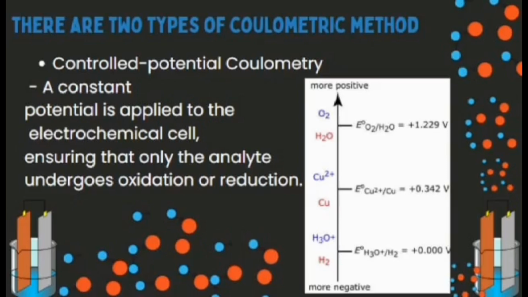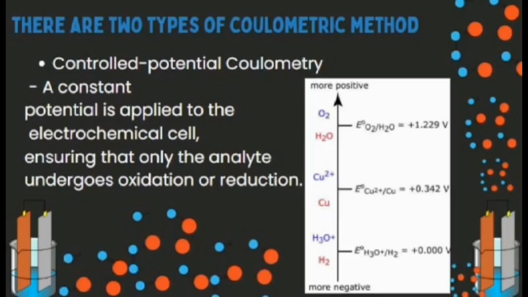The current flowing through the cell decreases exponentially as the analyte is consumed, eventually approaching zero when the reaction is complete. The total charge passed during the electrolysis is measured using an integrator, and this charge is directly proportional to the amount of analyte present.